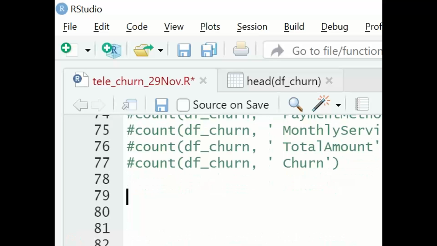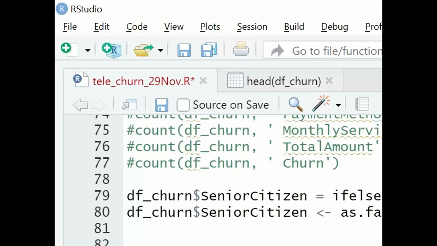So what you all need to do now is, first of all, correct those values. You will use the if else formula to say that if the values are less than or equal to 0.5, you want to call it 0, otherwise 1. Please do this.